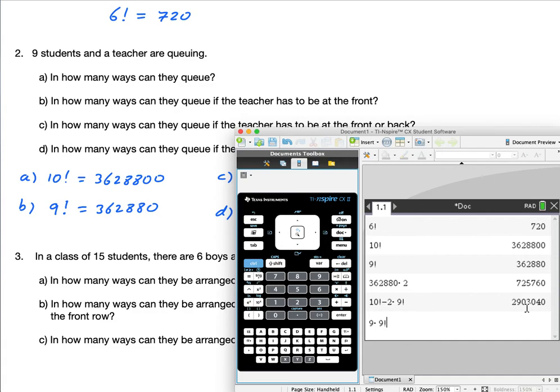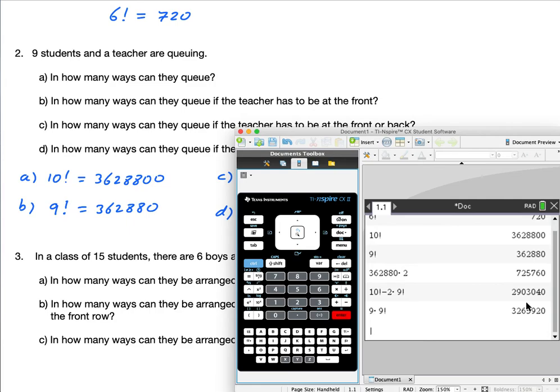So second, third, fourth, second to 10th basically. Press enter. Darn, that's a different answer. Sorry, there's not 9 ways, there's 8 ways. What am I doing? 10 minus 2 is 8. So it's 8 times 9 factorial. And there you see, this answer is the same as this answer.